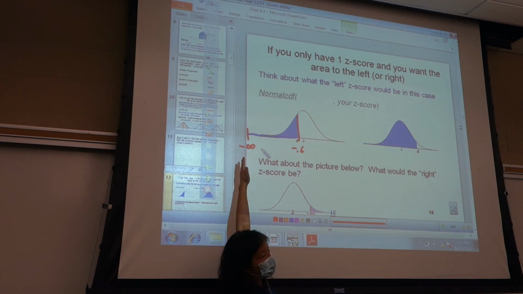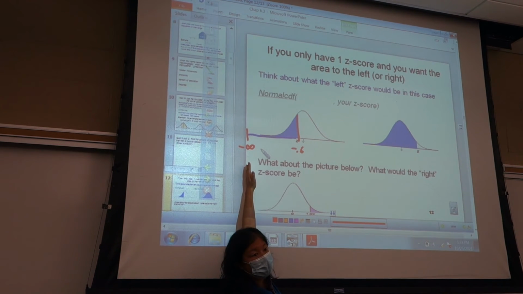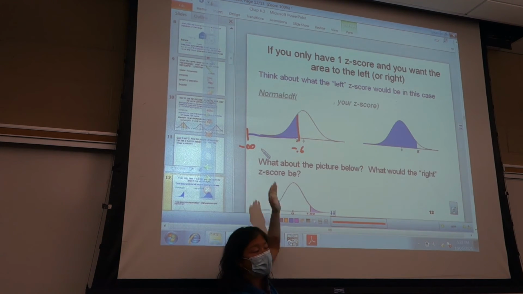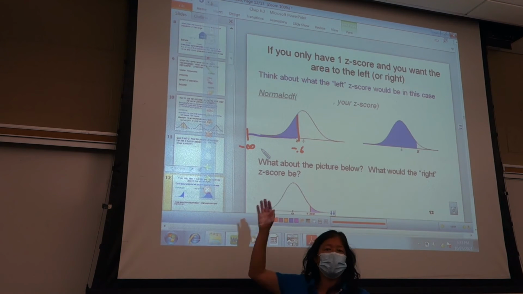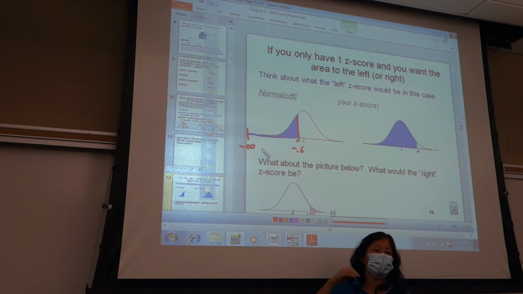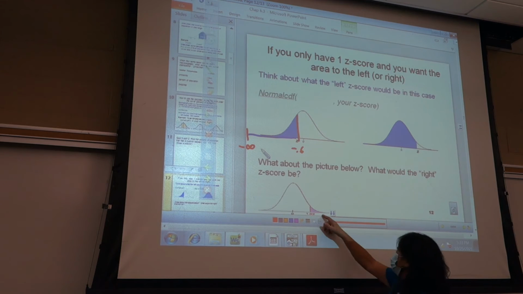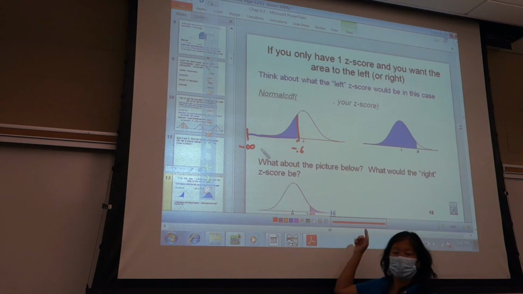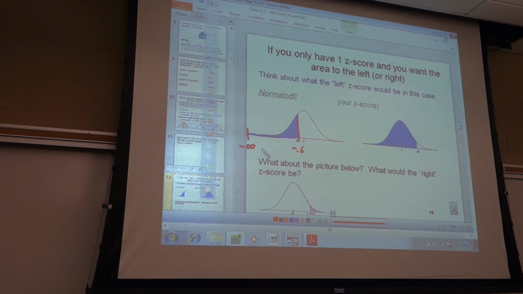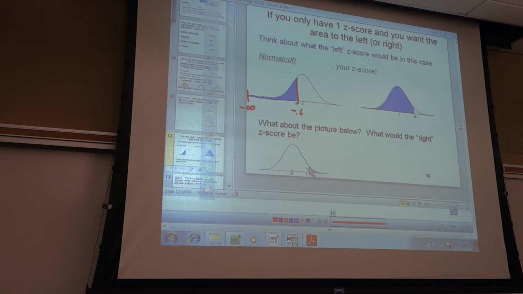Put it way out here on the very end, negative infinity. I'll let you use different numbers instead, but let's use infinity, because that just makes things clearer. Off to the right, what's the number way, way out here? Positive infinity. Go ahead and mark that in there.